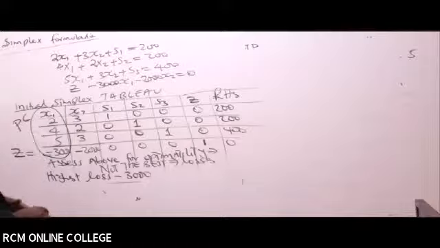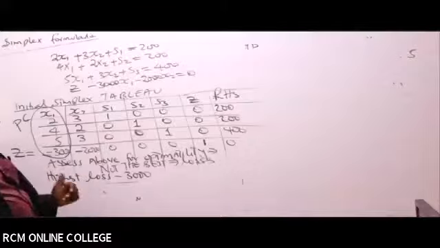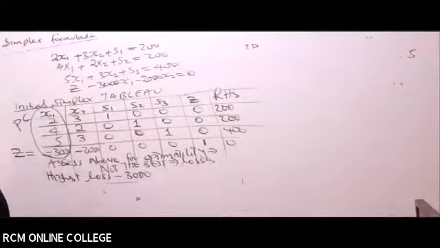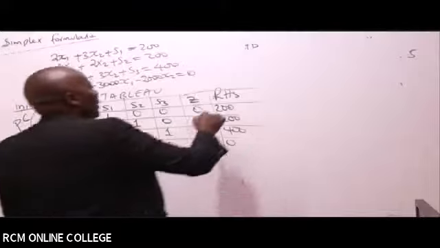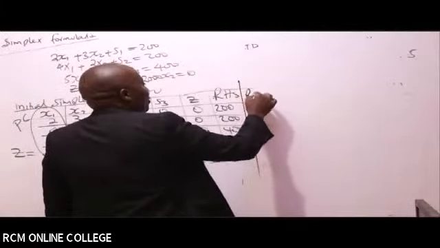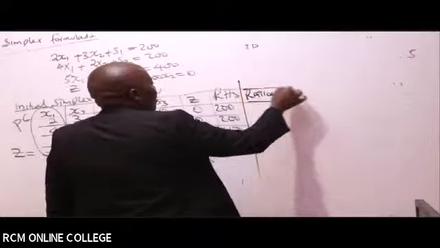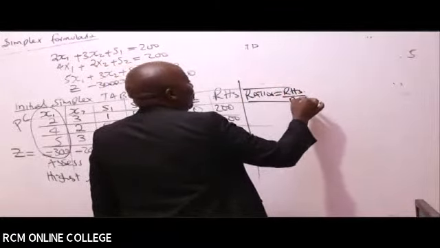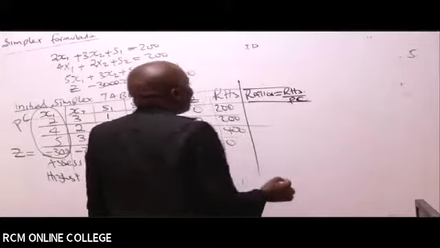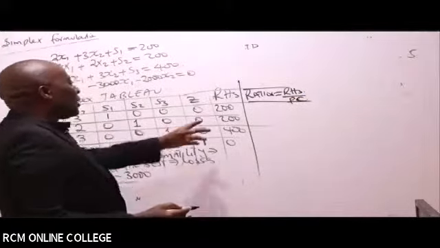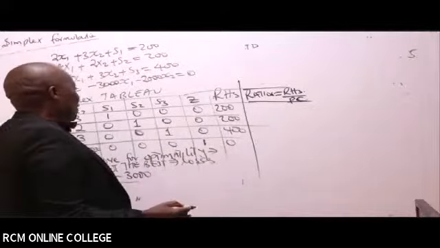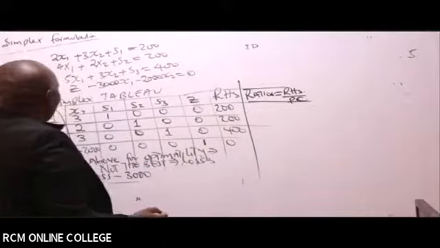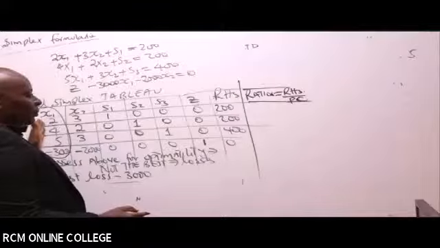Having gotten the pivot column, what do we use it for? To get ratios. So how do we get the ratios? We take the right-hand side divided by the pivot column.